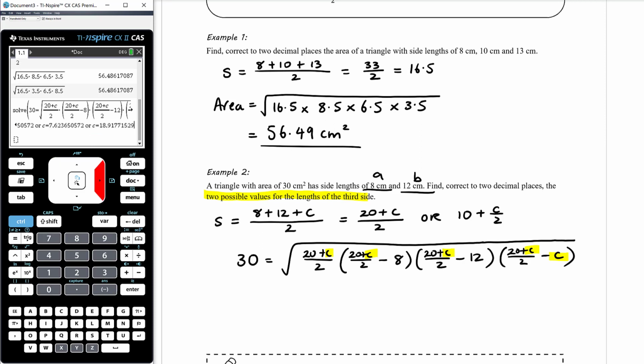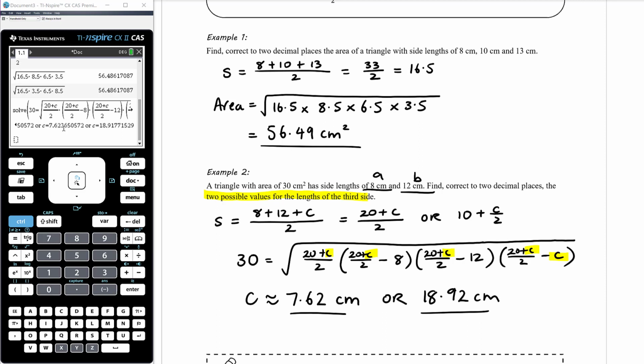So if we scroll to the other end, there are two positive solutions, and we see that C is approximately equal to, to two decimal places, either 7.62 centimetres or 18.92 centimetres.